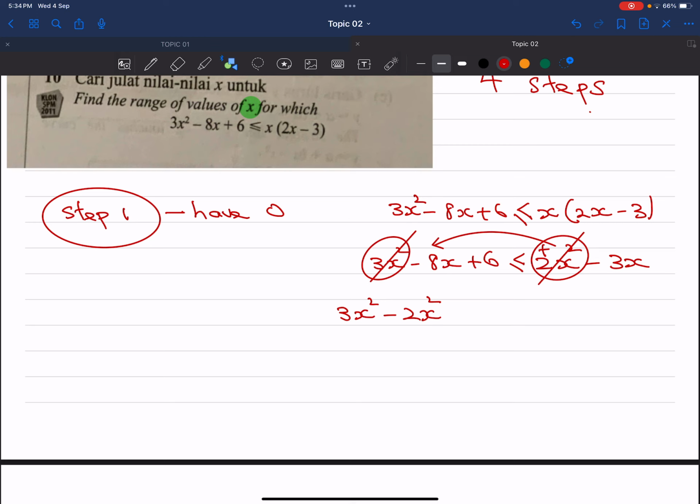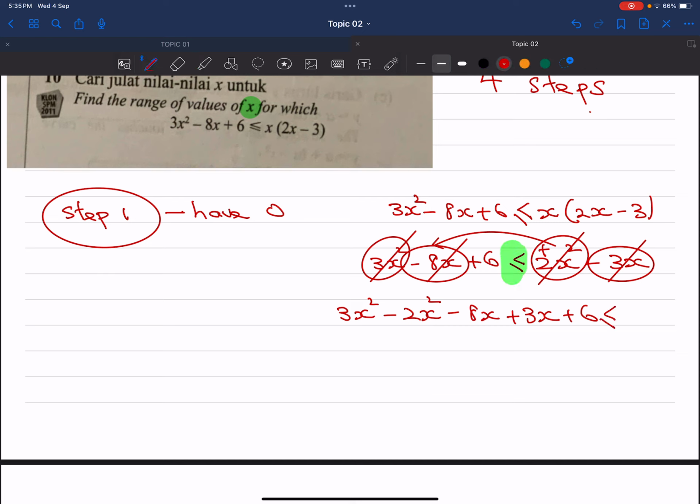Next, I transfer minus 3x to the left hand side, which gives minus 8x, minus 3x transfer plus 3x. So minus 8x plus 3x has settled. We have the balance of plus 6, which I copy back, and the sign less than or equal, I copy back.